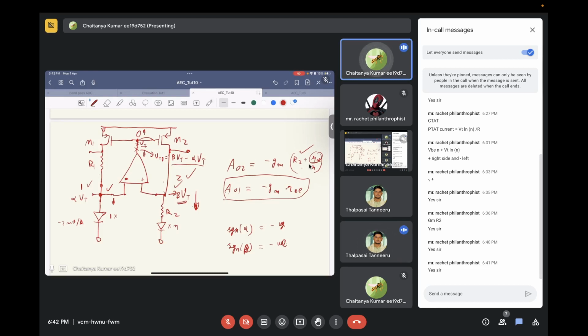So the one which has the higher feedback factor or higher gain should be kept non-inverting. That's why the side of beta VT is positive and the side of alpha VT is negative. The net resultant is negative when you have positive on node 2 and negative on node 1, and that's what you want.